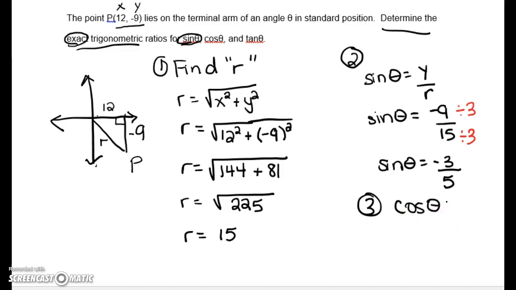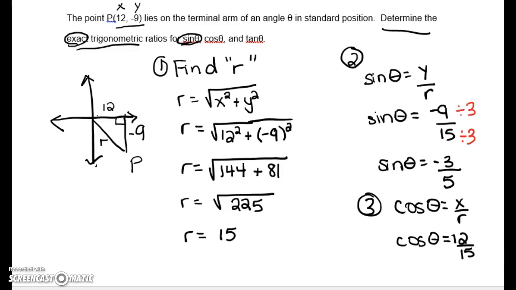Now we can move on to find our cosine, which would be step 3. So to find cosine, using our little jingle, circocs or ticks, we know that cosine is equal to your x value divided by r. So we're going to fill in what we know. So we know that cosine of theta is equal to x, which is 12, over your r value, which is 15.